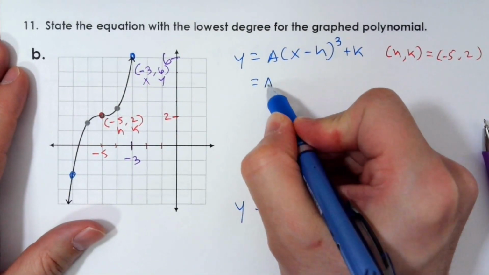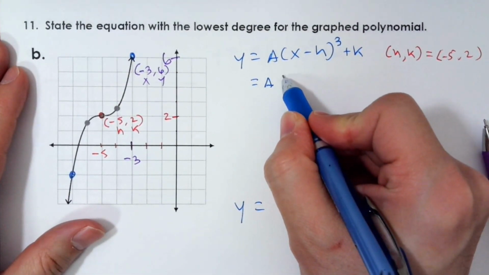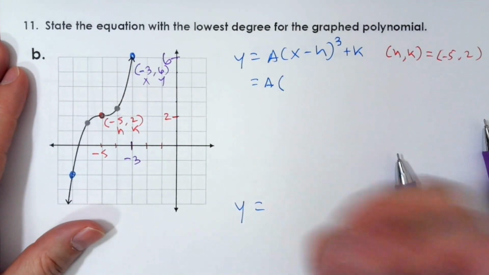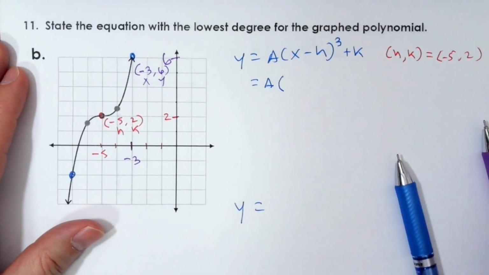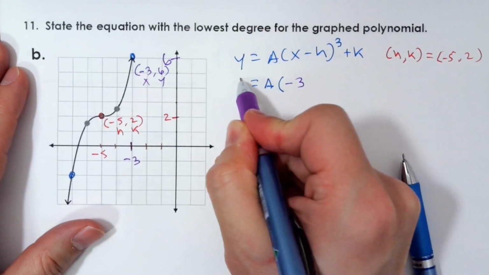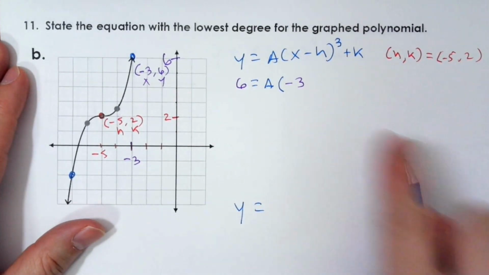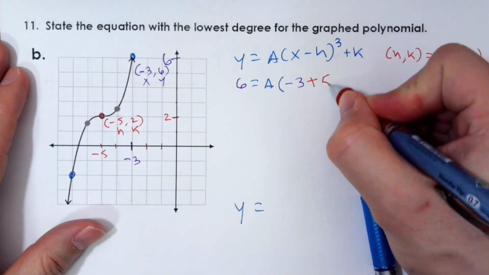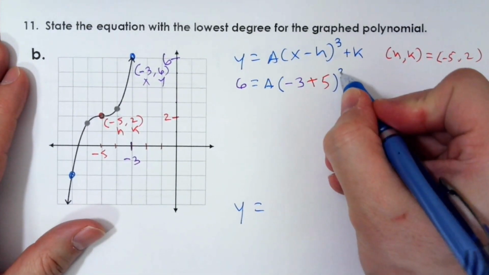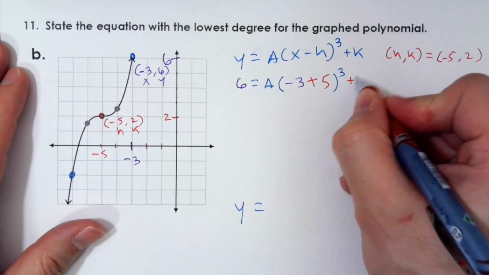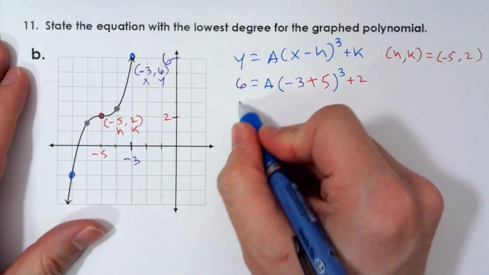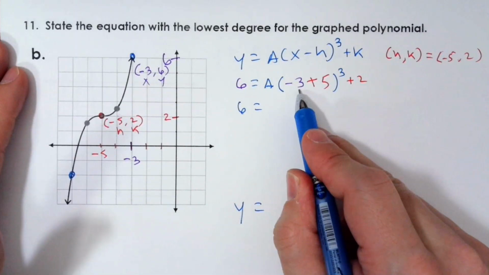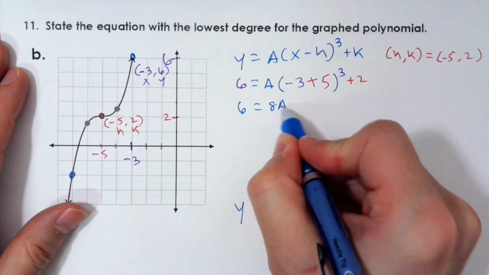We don't know a. X is negative 3. Whoops. Y is 6. Minus h, so that'd be plus 5. Cubed plus 2. 5 minus 3 is 2. 2 cubed is 8, so 8a plus 2.